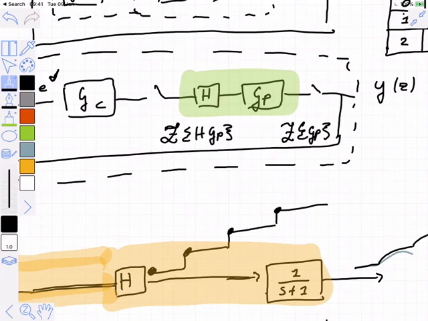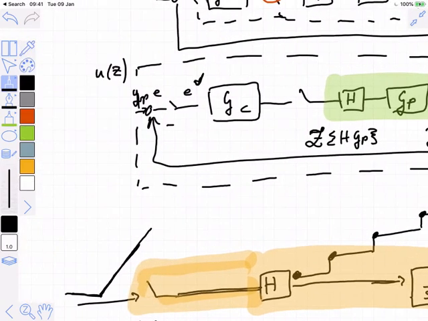This is particularly confusing because they will also calculate the Z transform of the input.